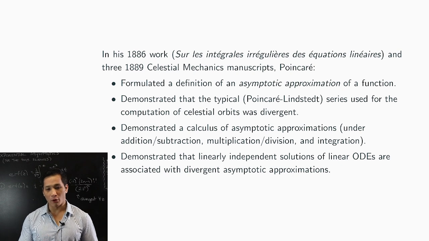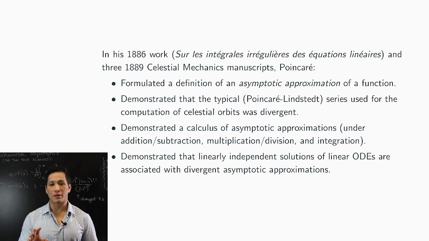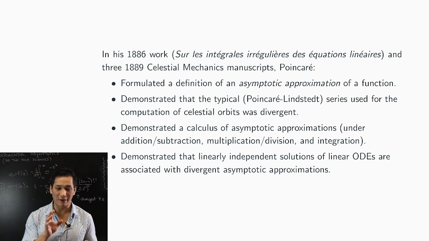So the point that people were hung up on was: if you develop a divergent asymptotic approximation to a problem, how can you be sure that this is a solution of the problem? Because obviously it does not make sense to add together something that is infinity, even though it can give you very sensible approximations.